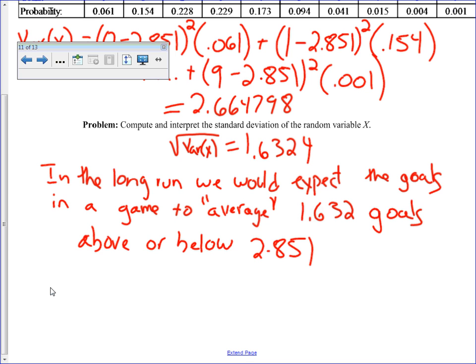Remember, standard deviation is not exactly average. Remember, standard deviation is how far we're going to be away from the average, on bunny ears average. Remember our definition of standard deviation.